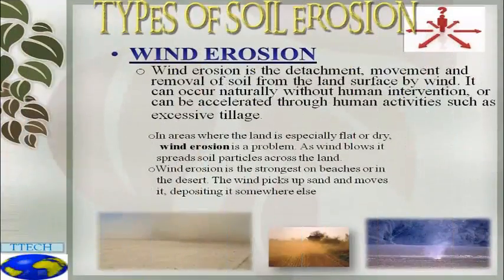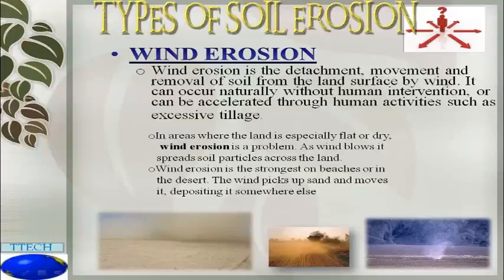Now, let's go for the third type, which is wind erosion. Wind erosion is the detachment, movement, and removal of soil from the land surface by wind. It can occur naturally without human intervention or can be accelerated through human activities such as excessive tillage.